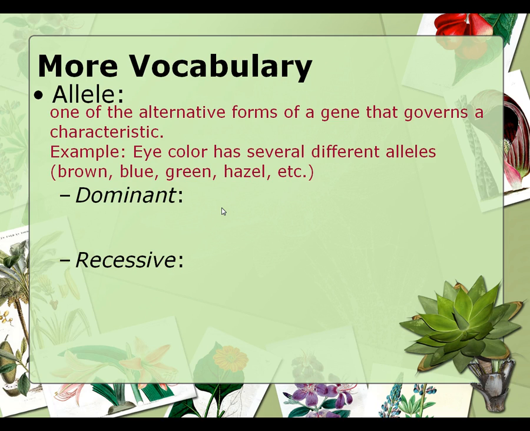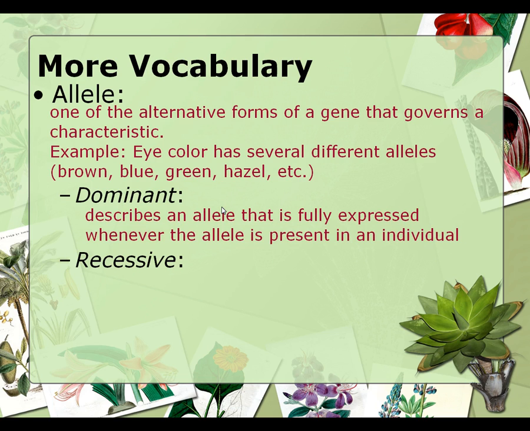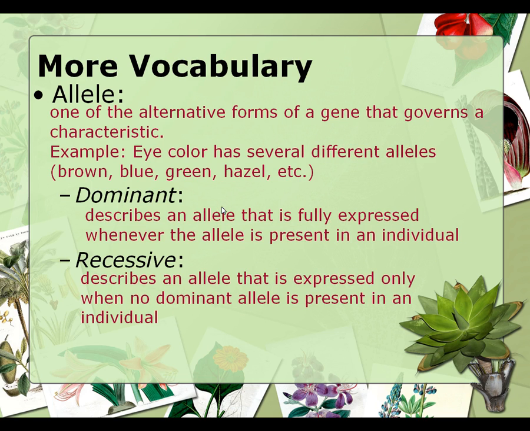The trait would be brown, blue, green, or hazel. Now, you get one trait from your parent and one trait from the other parent. Instead of saying trait, we're going to use the term allele. You got one allele for eye color from your mom, and one allele for eye color from your dad. Which one is expressed in your phenotype depends on if the allele is dominant or recessive.